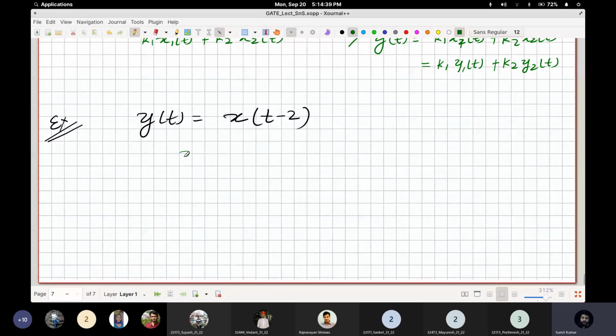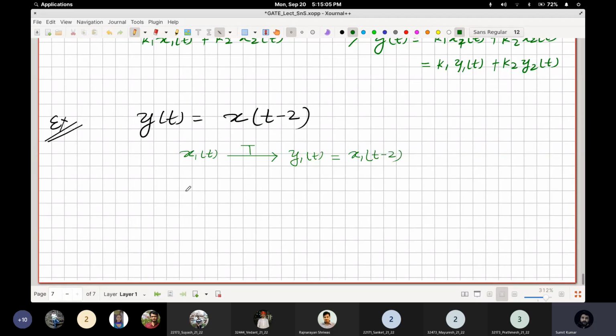Let's assume that x1(t) is the input, and due to x1(t), let's assume the output to be y1(t). Y1(t) is just a symbol that I am assuming. What will y1(t) be equal to based on this system? x1(t minus 2), isn't it?